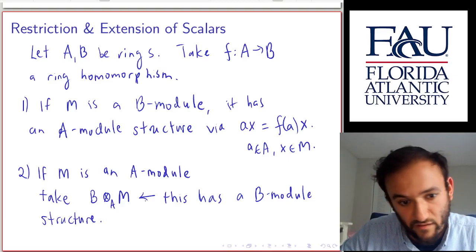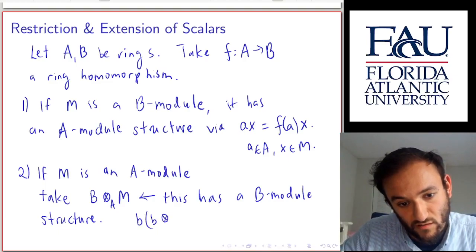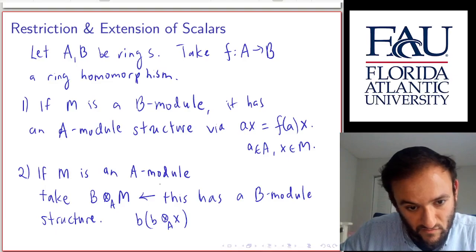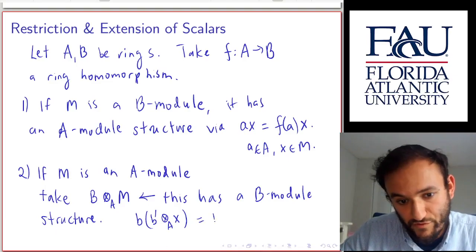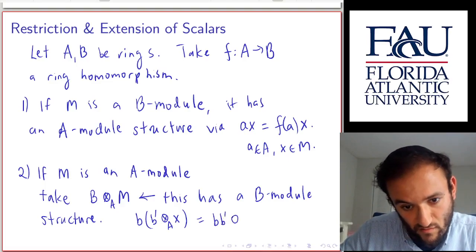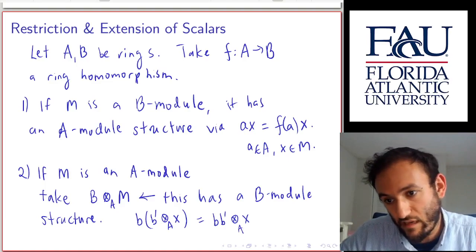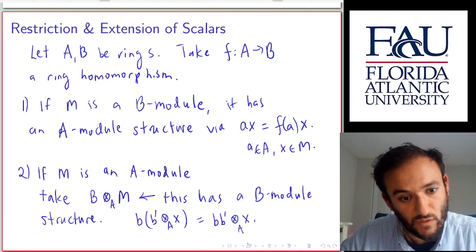Because if you multiply any element of B here, so B tensor over A with x, let's give it a b prime here, you can just multiply in the first coordinate. But we still have the ability to scale the second coordinate by elements of the ring A. Okay?